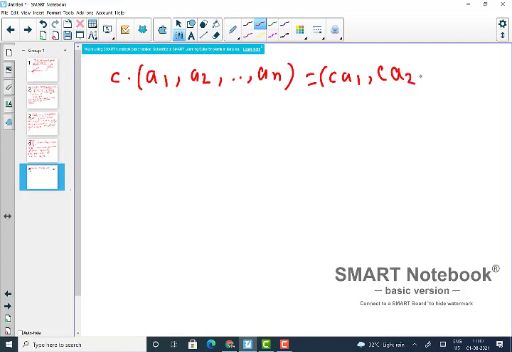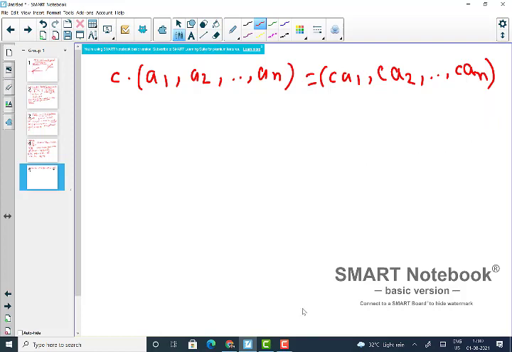Otherwise, every time we would need to write c dot a1, c dot a2, and so on. Then you check all the other properties; these two operations satisfy all the other properties of vector spaces, right? So this is the canonical way of defining these vectors.